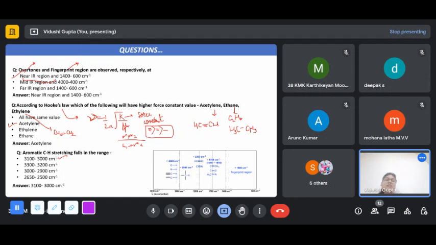For carbonyl, it will generally be 1700, but it will change if it is an ester, aldehyde or ketone. Below 1400 is the fingerprint region. So you have to memorize the values for OH, ester, carbonyl, aldehyde.